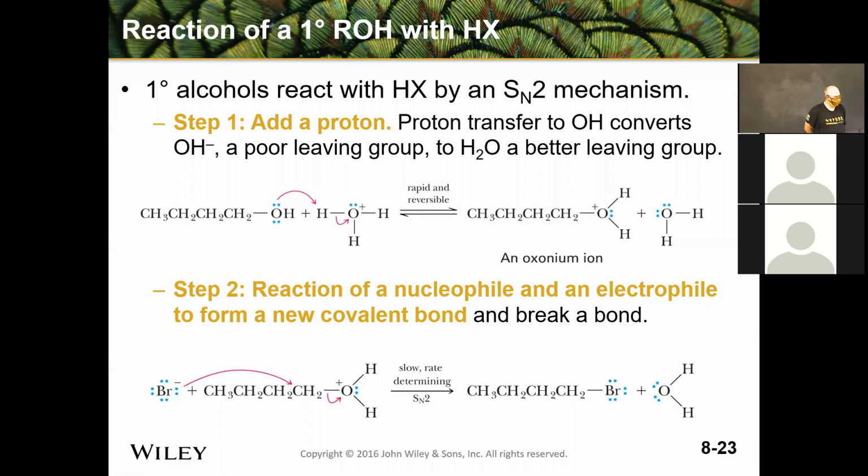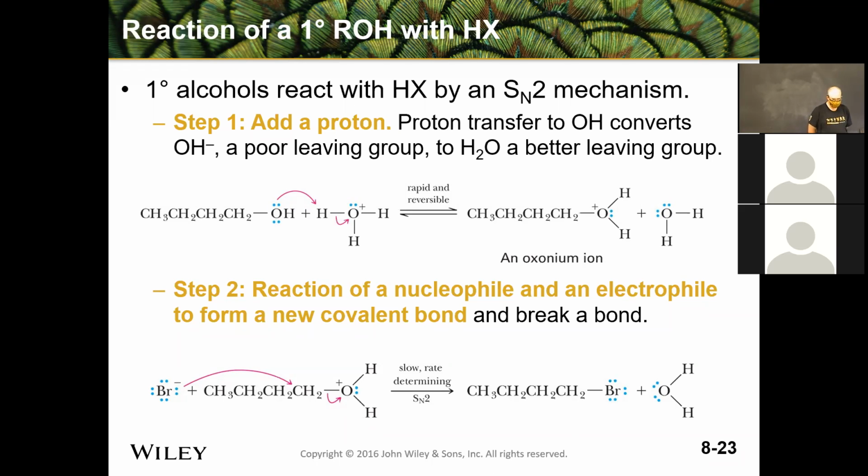There's a similar first step with primary alcohols, such as 1-butanol. The oxygen picks up a proton. We get the oxonium ion. But the primary carbocation would be too unstable.